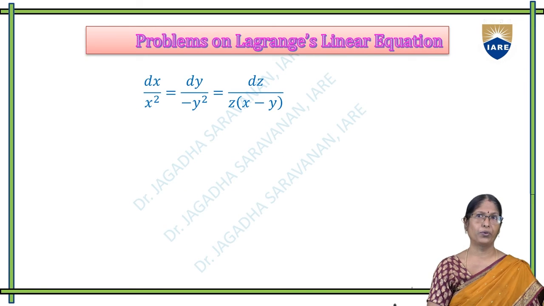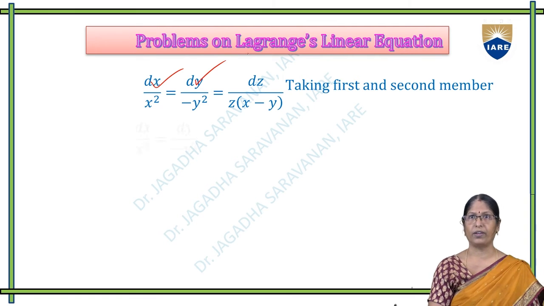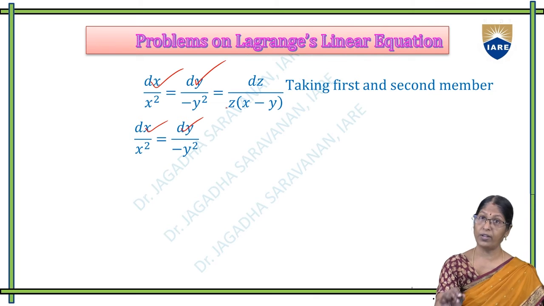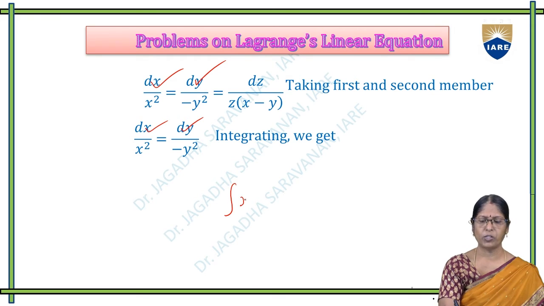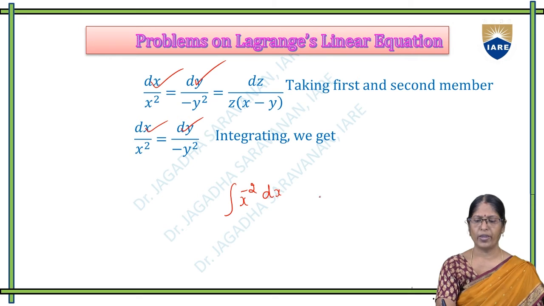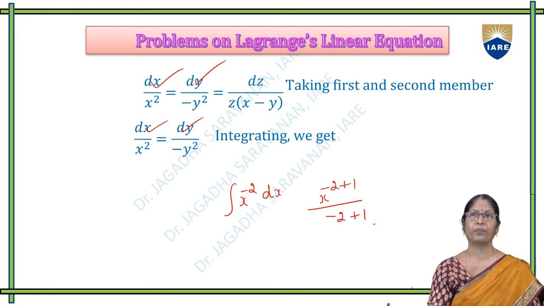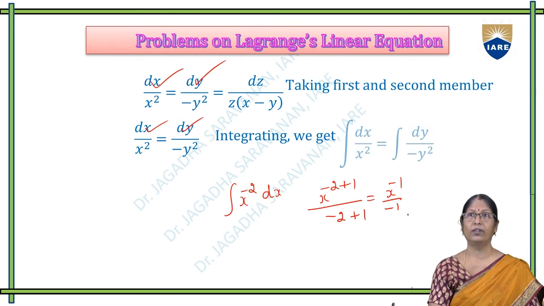So what we are going to do, a very simple one, we are going to take the first and second member, where I am putting the tick. So we selected the first and second member. We will do the integration. The integral of x^(−2) dx, which we can write as 1/x² as x^(−2) dx, is x^(−2+1)/(−2+1), nothing but x^(−1)/(−1).